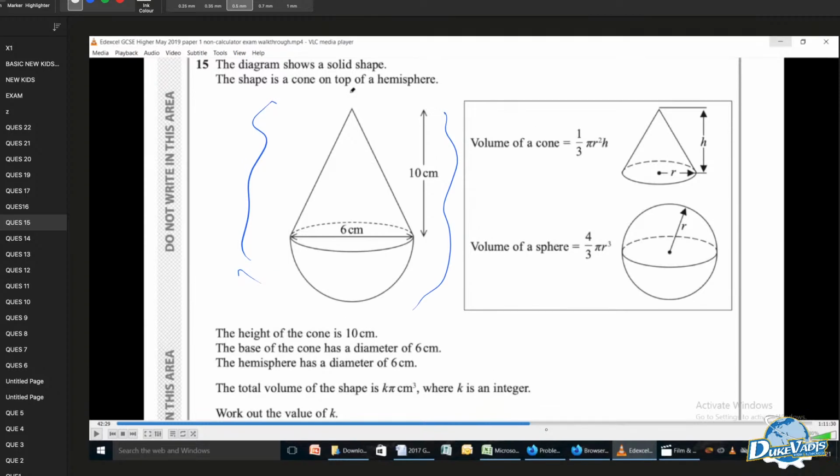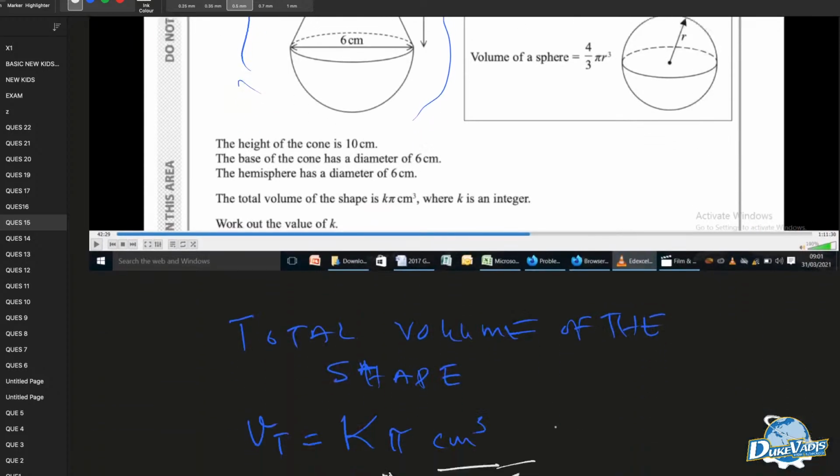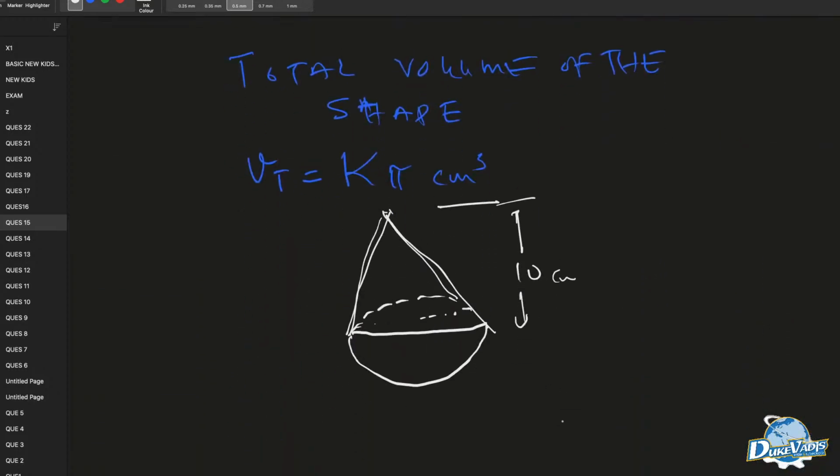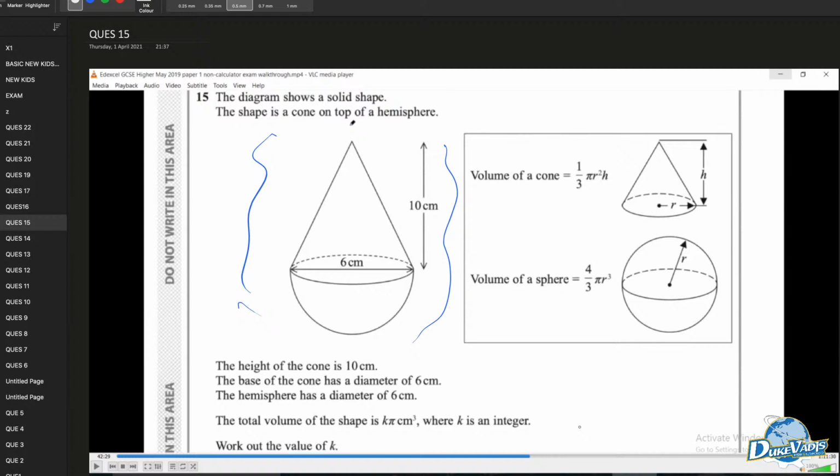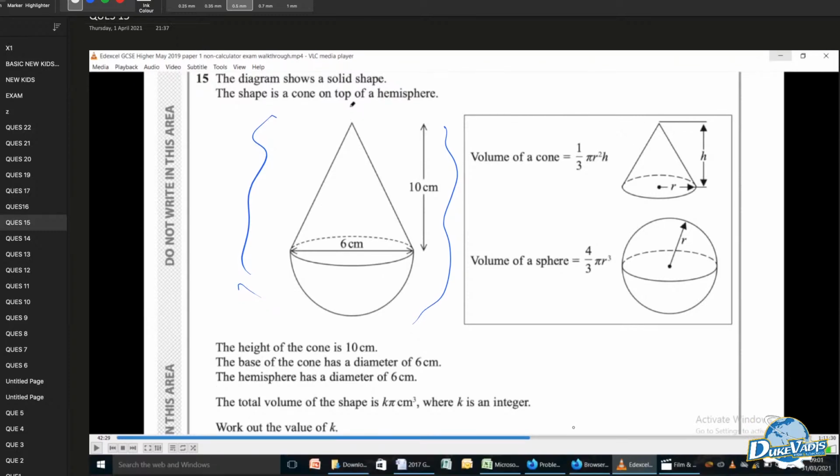Since they are together, our total volume, V total, is supposed to be the volume of the cone plus the volume of the hemisphere.